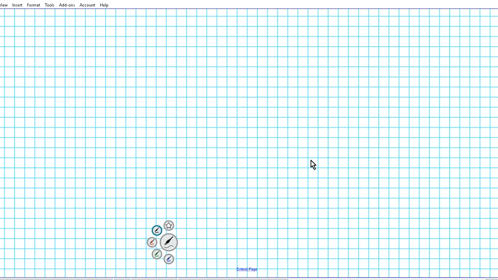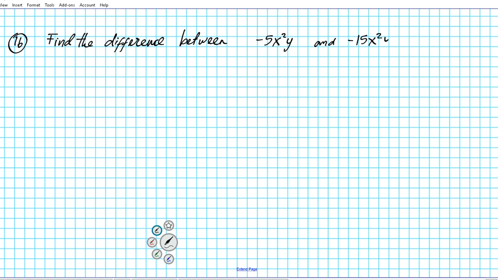All right, let's take a look at question number 16. So for question 16, let's consider another problem in text format. What if you were to find the difference between negative 5x squared y and negative 15x squared y?